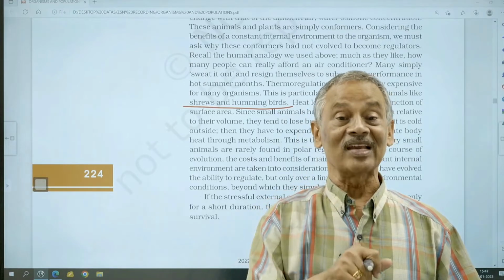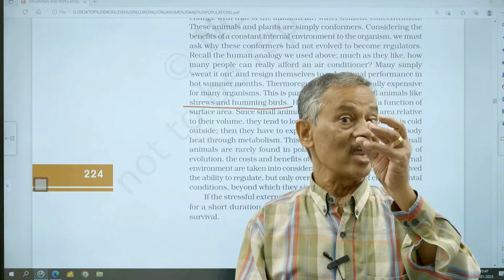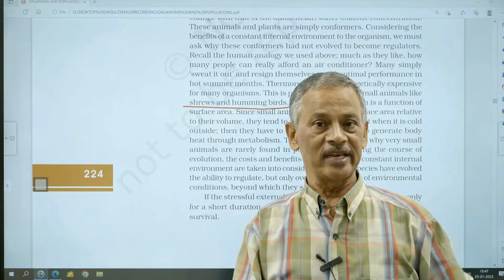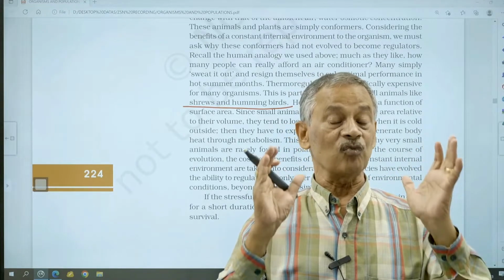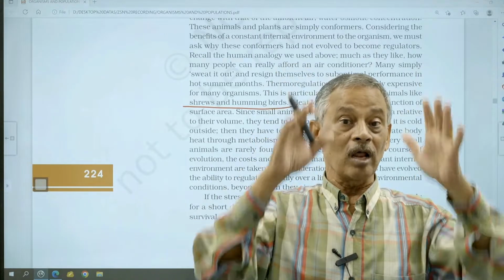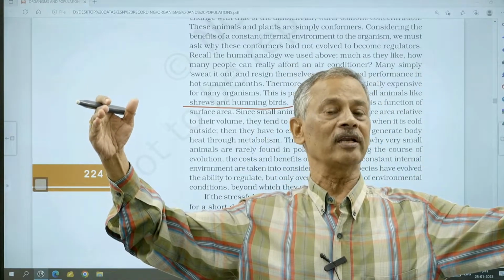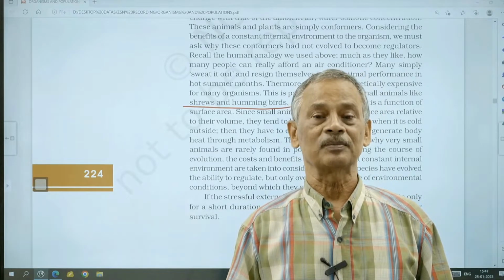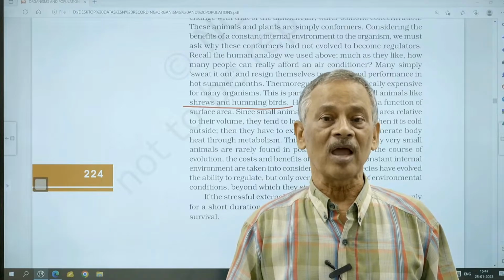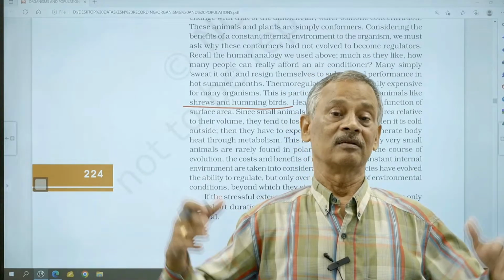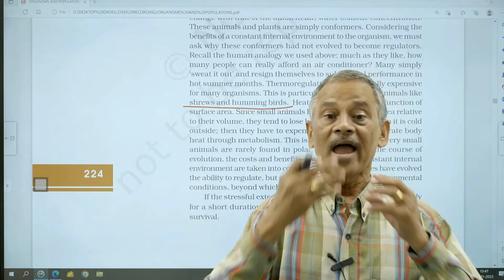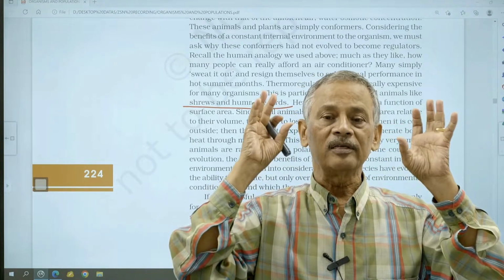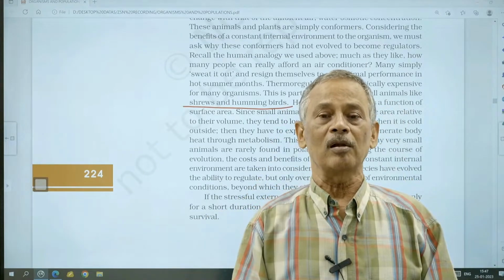This is the reason why small-sized animals and birds cannot live in polar areas, and the birds and mammals of the polar areas, that is warm-blooded organisms, are larger in size. They have some adaptations. These birds and mammals are larger in size, and their tip of the nose, snout, pinna, tail, limbs, etc. are very small.